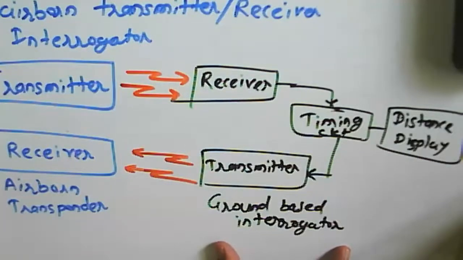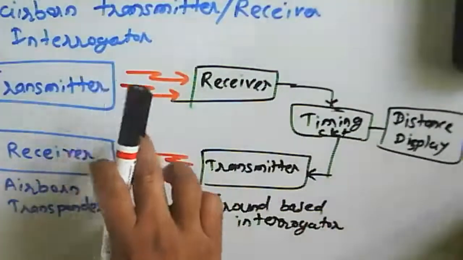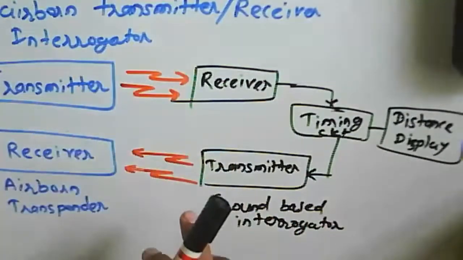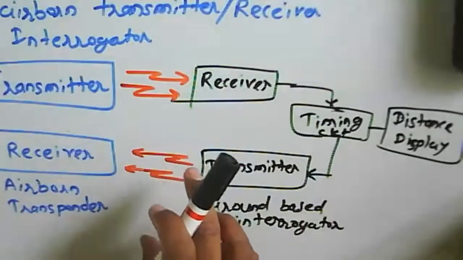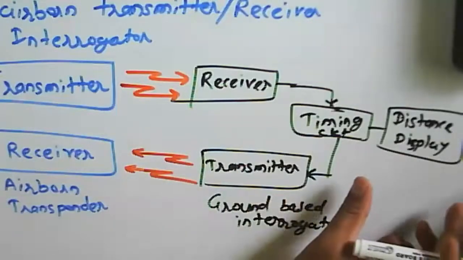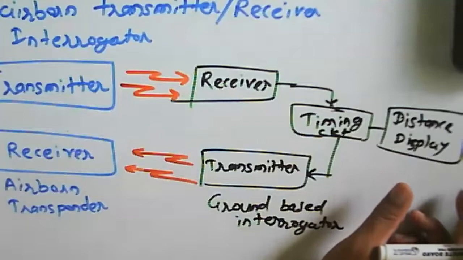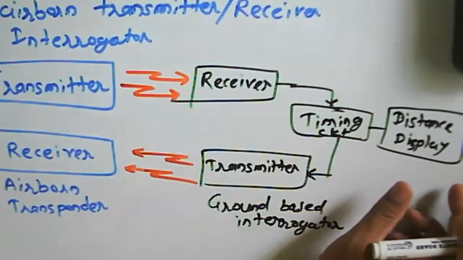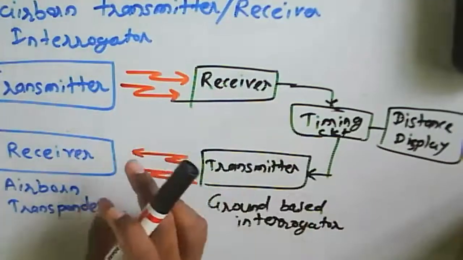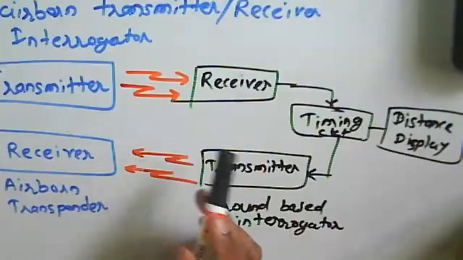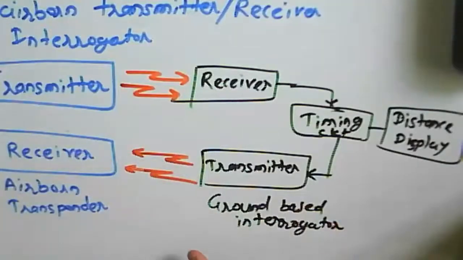This transmitting time as well as the receiving time is to be calibrated, and that will be displayed: the transmission time as well as the distance between the DME and the aircraft. So this one is the ground system. So from a ground we can find out the distance between the aircraft and a ground beacon.